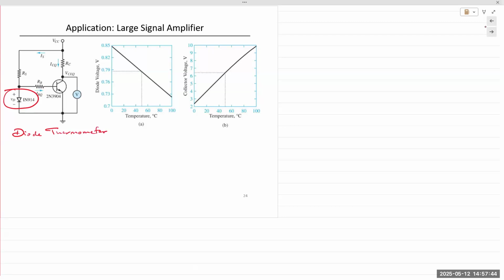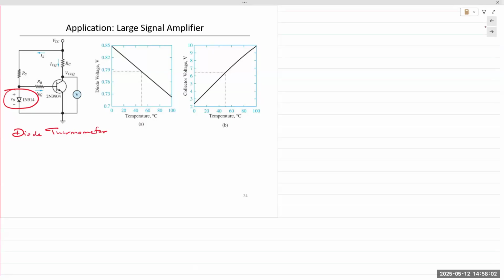The diode voltage change as a function of temperature is a very well-defined linear relationship. And the change in diode voltage as a function of change in temperature is in millivolts.